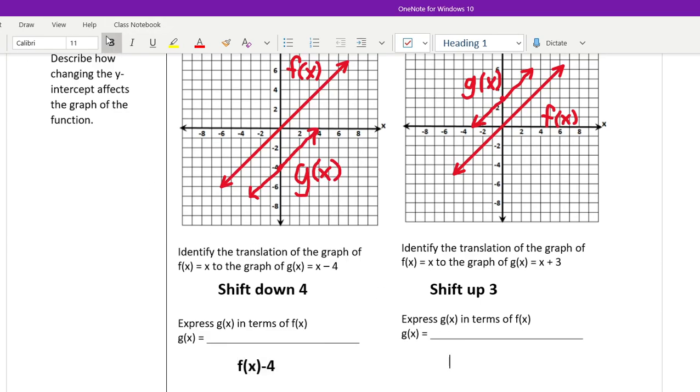The other one is set up the same way, where we just focus on the expression itself. We are only changing our output. So this is g of x equals f of x, making sure we have lowercase to match up, plus 3. And this is adding 3 to every one of our y values.